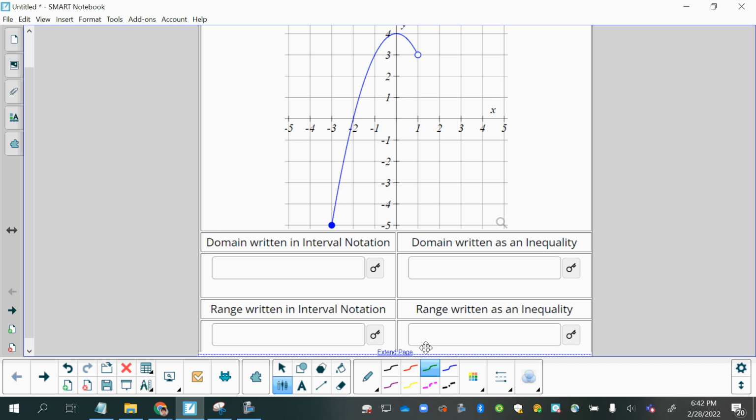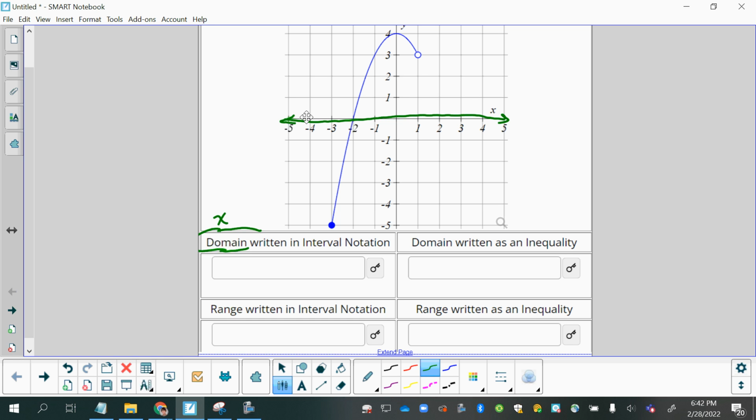So when we're talking about domain, we're talking about all the x values for which the function is defined. What that means is all the places on the function that have a home on the x-axis, or not on the x-axis, but an x value, a point with an x value.